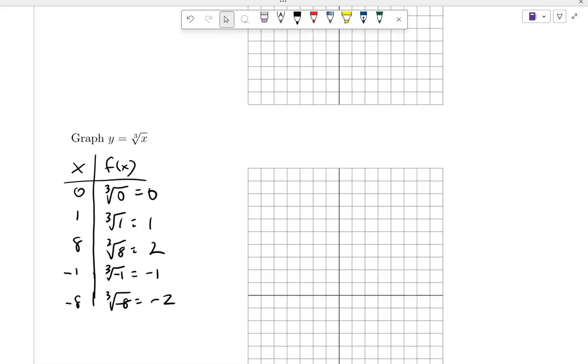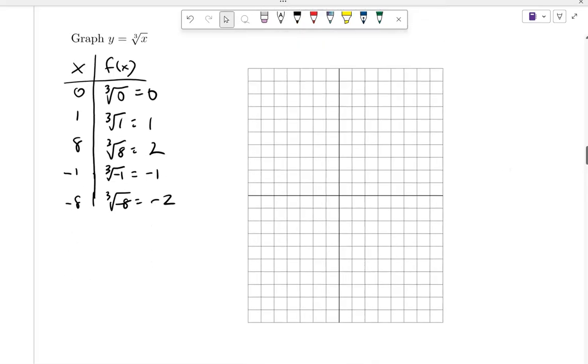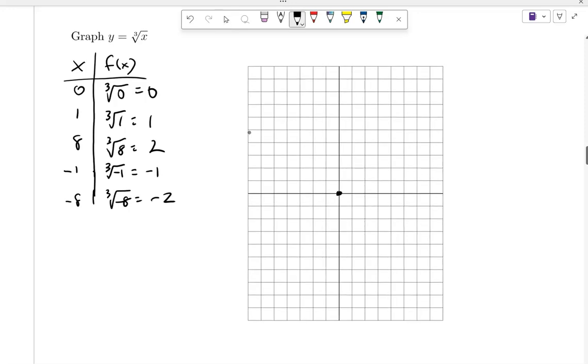So if we graph this one: 0, 0; 1, 1; 8, 2 is way over there; -1, -1; 8 is off this graph a little bit; -8, -2. And it looks like this.